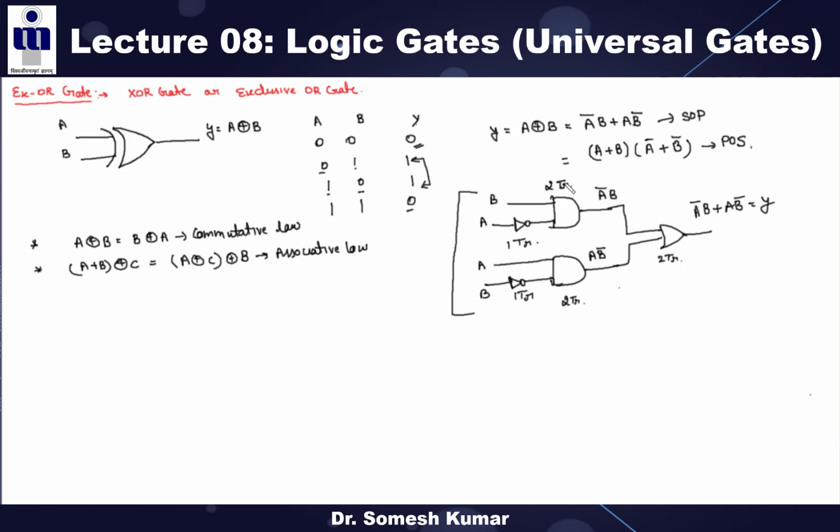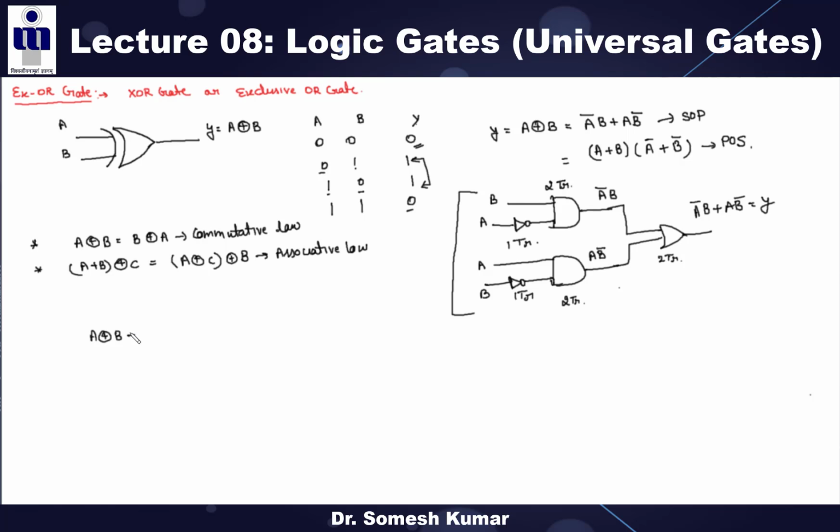In the previous lecture, what we have studied, two transistors are used for your NAND and the NOR gate, right? So now your question is you have to make this XOR gate using the transistors.